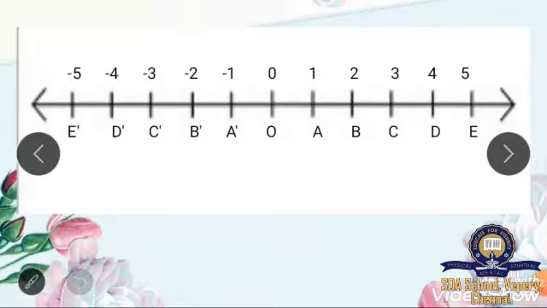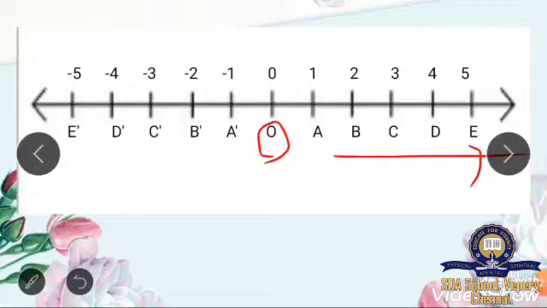Like I showed in the picture, in this I marked O in the center and the right side is A, B, C, D, E, and the left side is marked as A dash, B dash, C dash, D dash, E dash, etc.